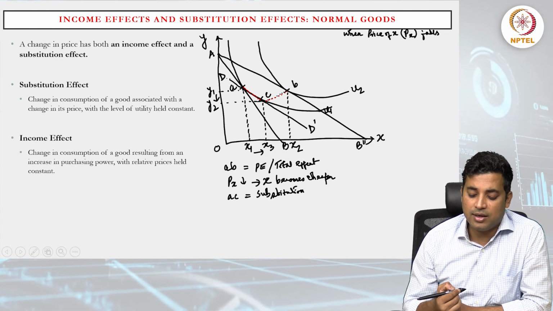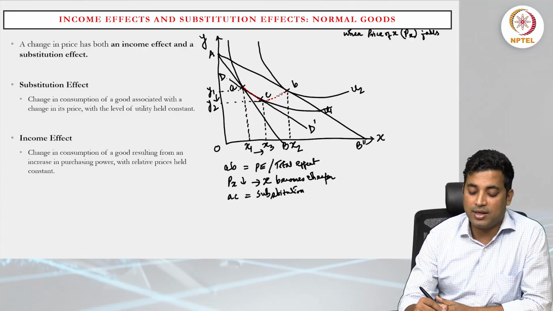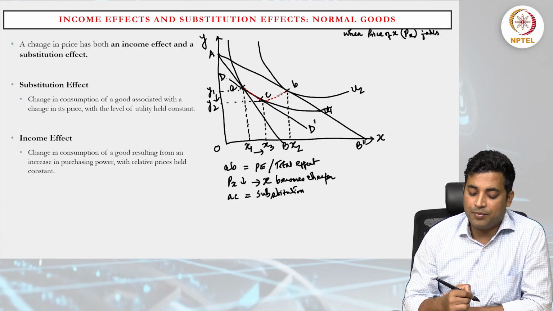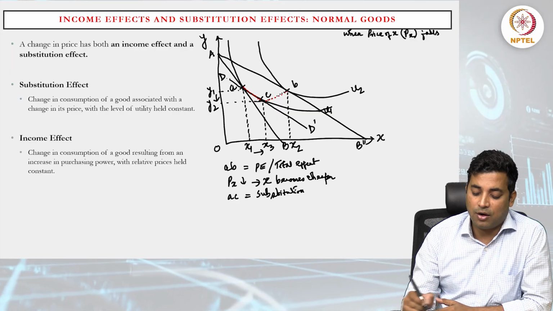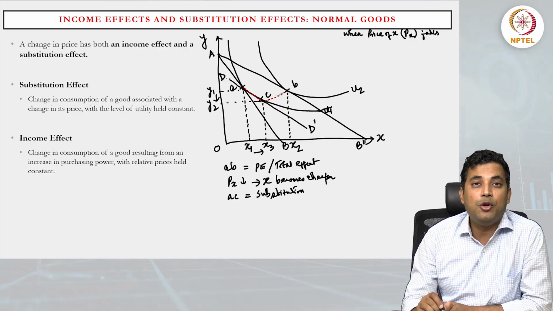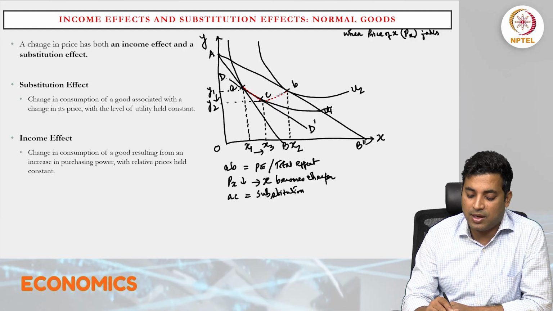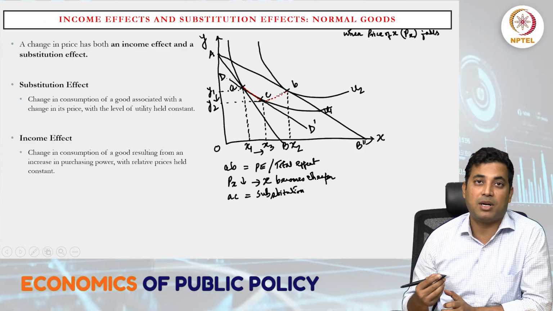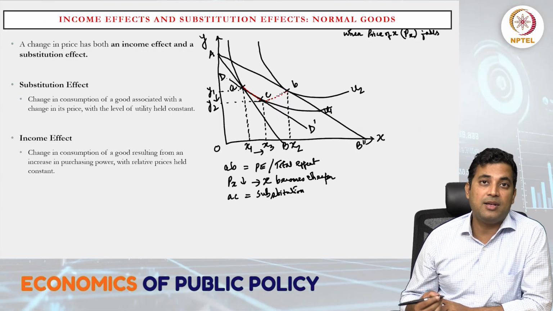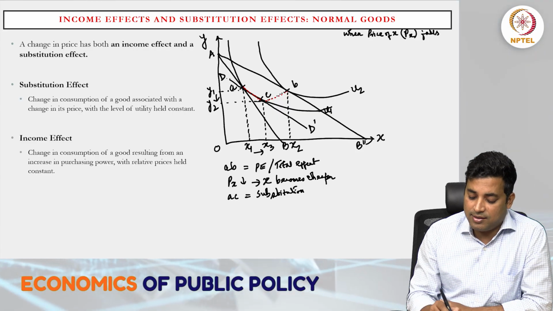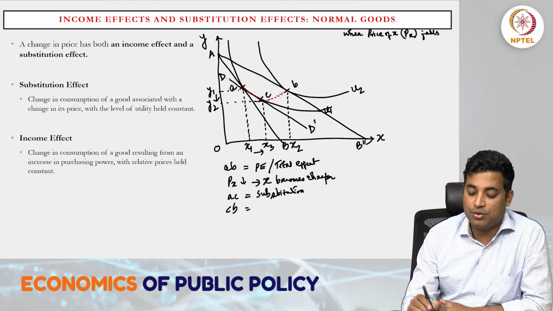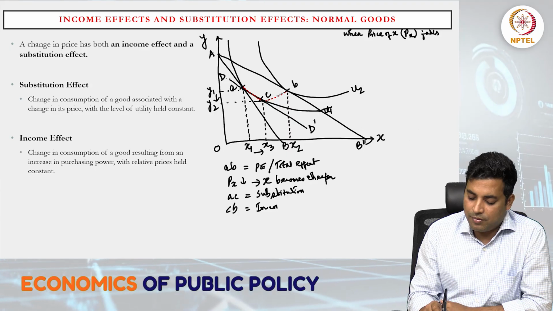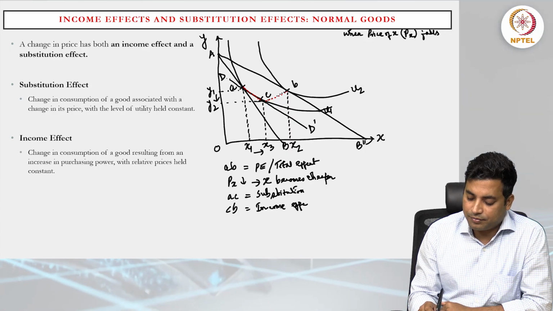But the utility that I got earlier at point A with the combination of x1 and y1, and now at point C with the combination of y2 and x3, is the same, and this is basically the substitution effect, because we are substituting while having the same utility. The other movement, from tangent point C to tangent point B, is due to the income effect.